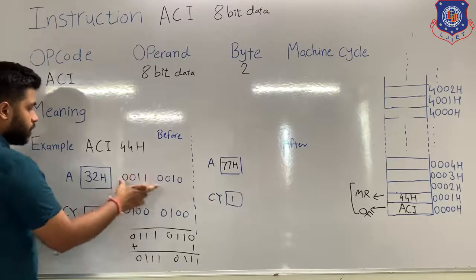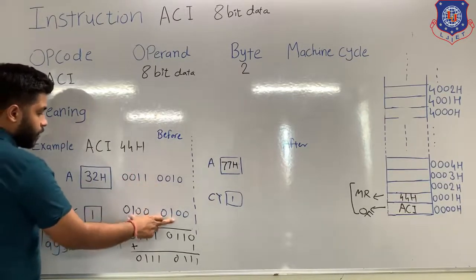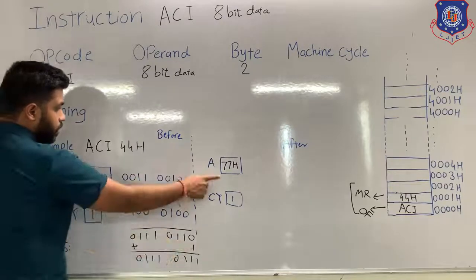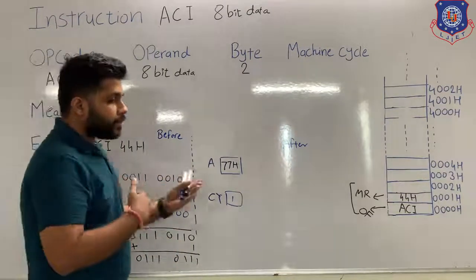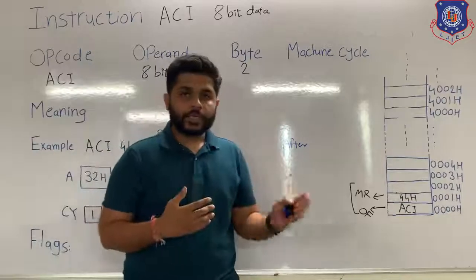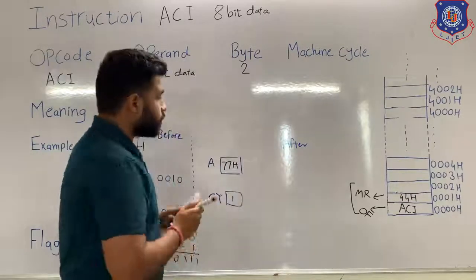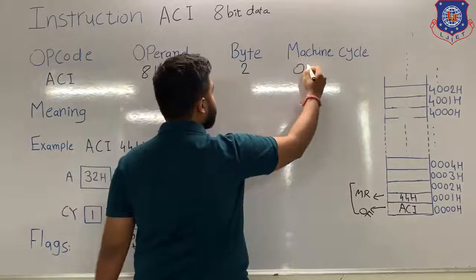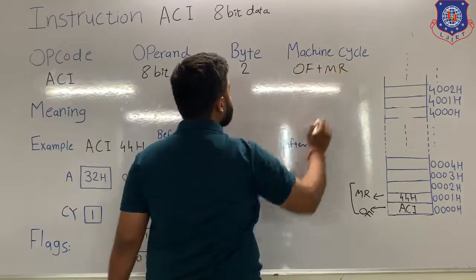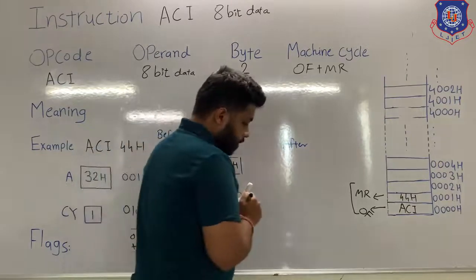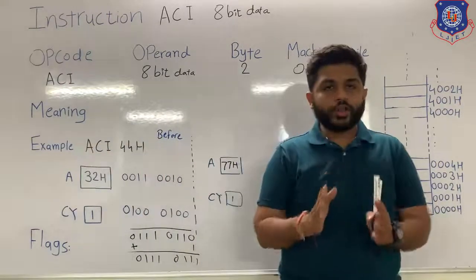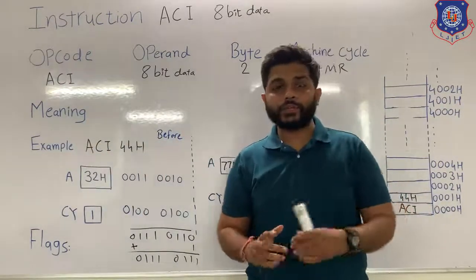During the execution, the accumulator and 44H will be added, and the answer will be stored in the accumulator. And during the execution, no interaction with the memory is done. It means for this instruction, only 2 machine cycles are required, that is opcode fetch and memory read. What will be the status of flags? Because this instruction is an arithmetic instruction, all the flags will be affected according to the result.